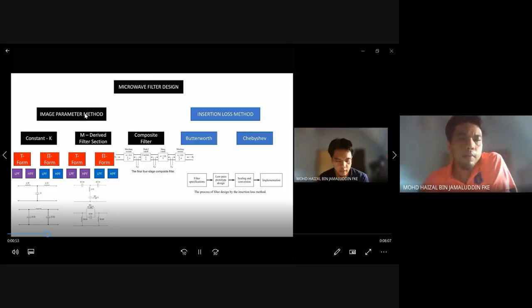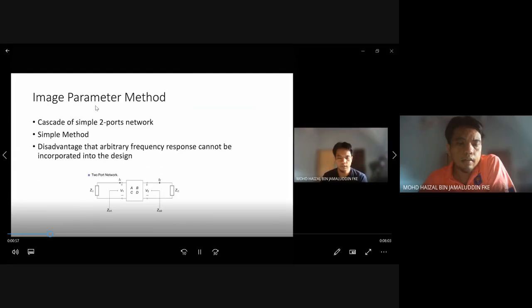Okay, the image parameter method has three techniques, three methods. Today we'll discuss the K section method. The image parameter method basically depends on two-port networks. We have input and output, so we do the analysis from both left and right, input and output.